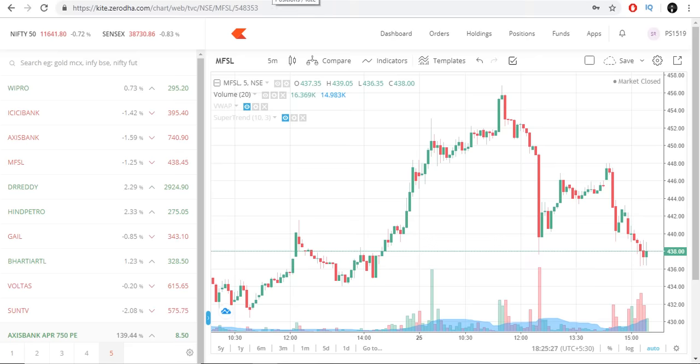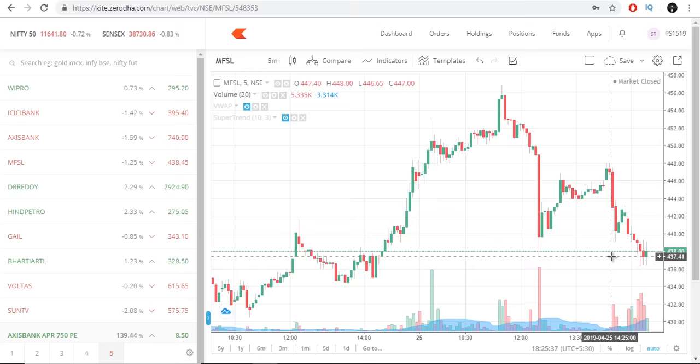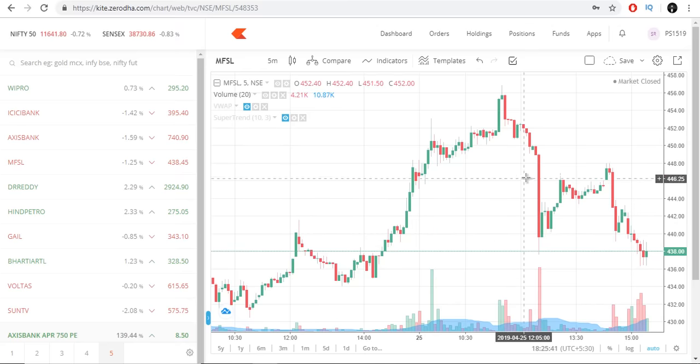I took the trade at around 12:19 p.m. in the afternoon. So let's see what is happening at 12:19. So 12:15, and this is the candle of 12:20. At this candle I have sold Max Finance Limited.